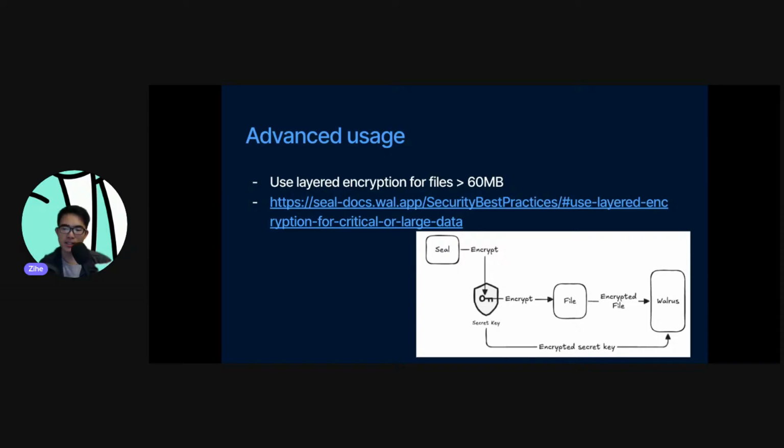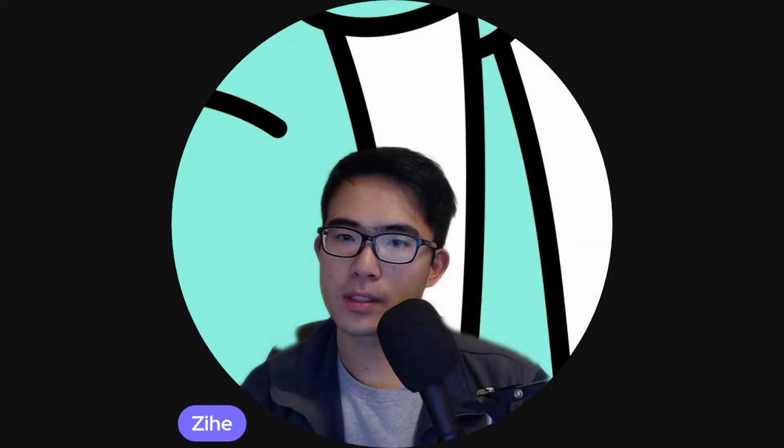So then the decryption process is you would use Seal to decrypt this random key. And then with this random key, you can then decrypt the file that is uploaded to Walrus or some other storage media. So let's show you guys how that works.